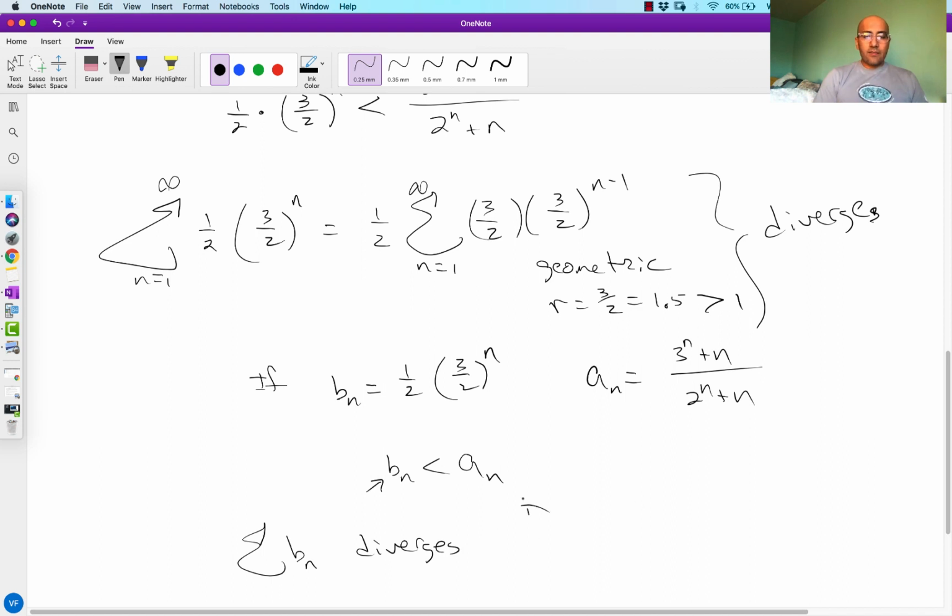So by the comparison test, we can conclude that the sum of the ones we were interested in also diverges.